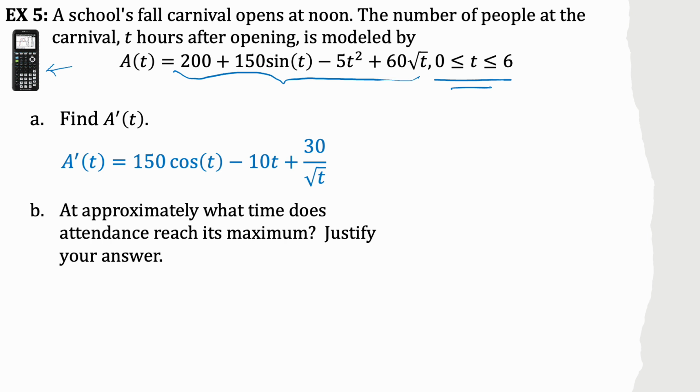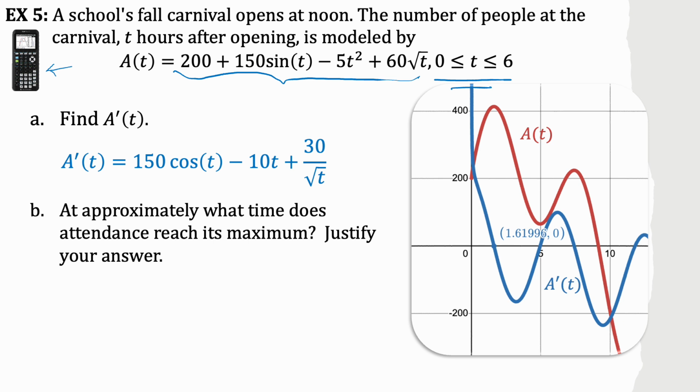At approximately what time does attendance reach its maximum, and justify your answer. This is why it's a calculator question, because let's graph both of these. In red we have A of T, and in blue we have A prime of T. Now look right here where A prime of T crosses the x-axis.